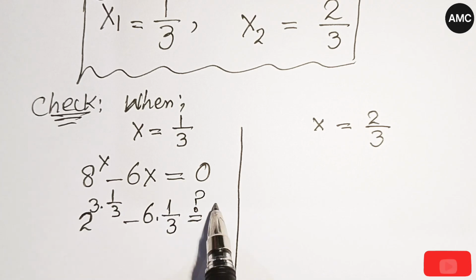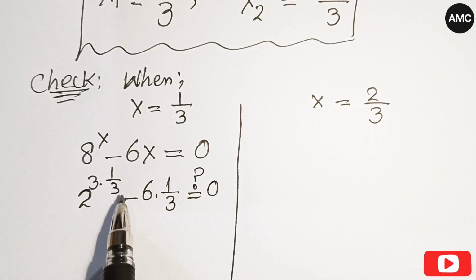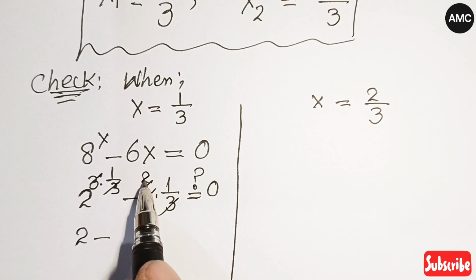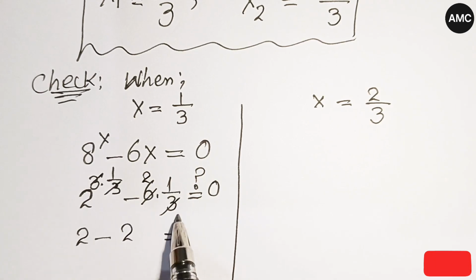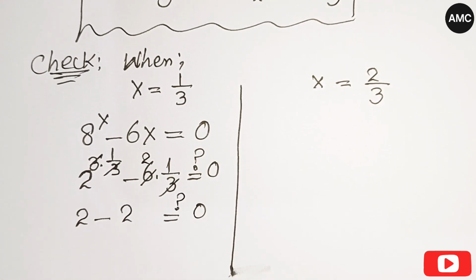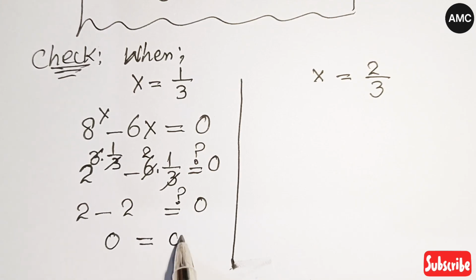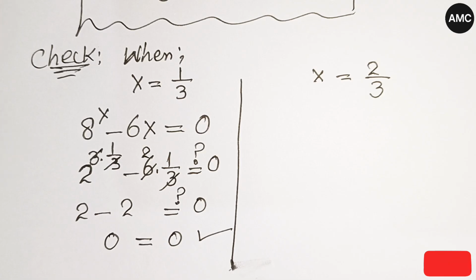Is it equal to 0? Here the 3 is cancelled. We get 2 minus 2, since 6 times 1 over 3 is 2. So yes, 2 minus 2 is equal to 0, positive and negative cancel, and we get 0 is equal to 0.